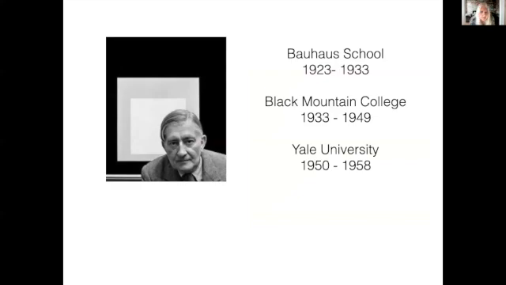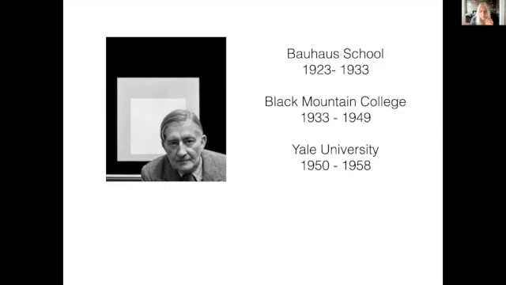He started the Bauhaus School in 1923. He left in 1933 because the Third Reich had come in and pretty much closed down the school. He came to the United States to get away from the Nazis. Then he taught at Black Mountain College, 1933 to 1949. And then he was the head of painting and color theory at Yale University from 1950 to 1958.